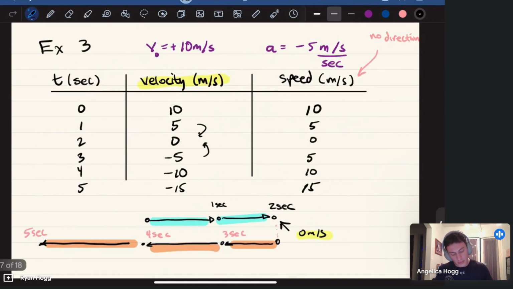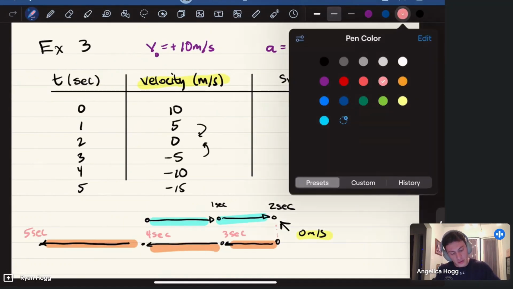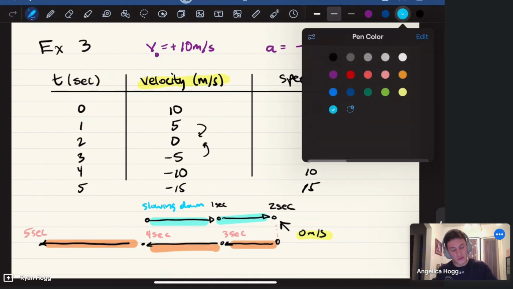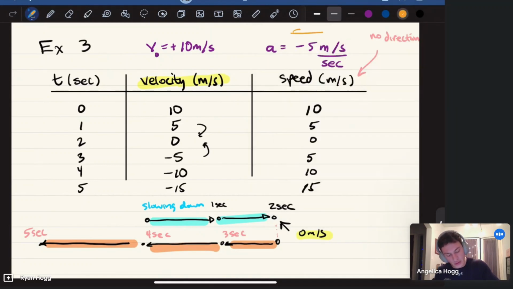So for the blue path, we are slowing down because our velocity is to the right, but our acceleration is to the left. That's why this is negative. And then for the orange path, we're speeding up because our velocity is to the left and our acceleration is to the left too.